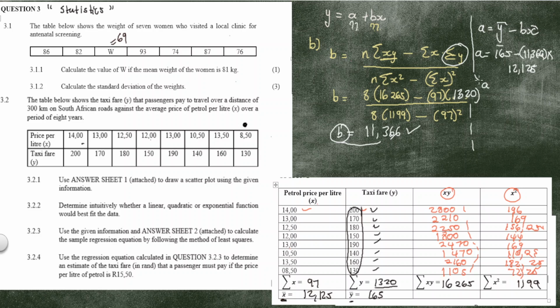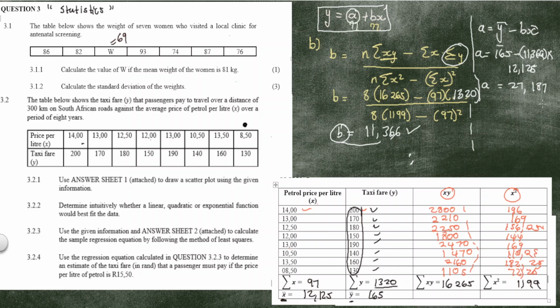So a is equal to 165 minus 11.366 multiplied by 12.125. a is equal to 27.187.